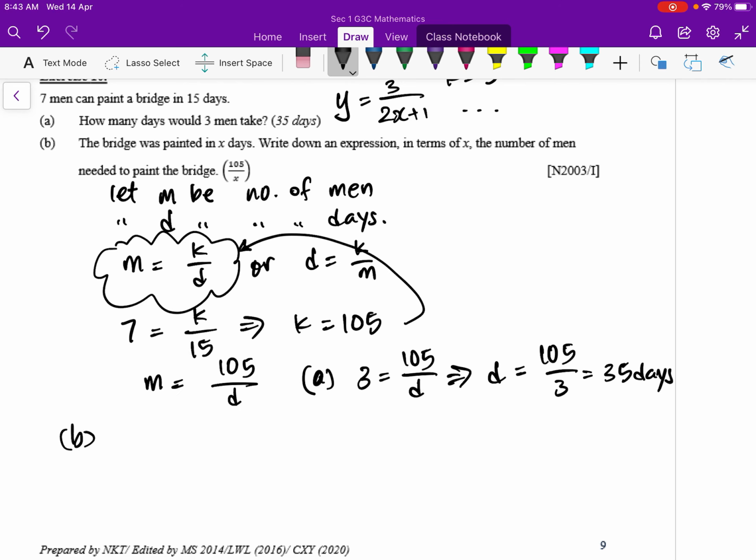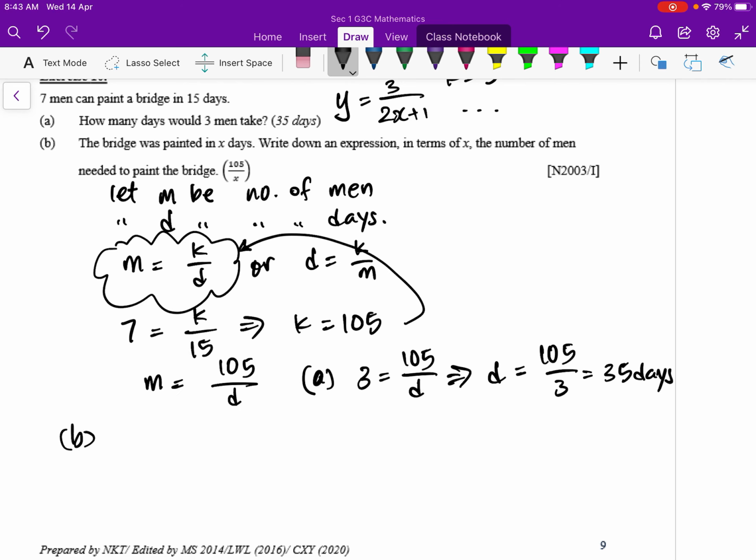It doesn't change. It is one value of D. So now my M over here refers to one particular value of the number of men required to complete it in X days. So number of men equals to 105 over X.